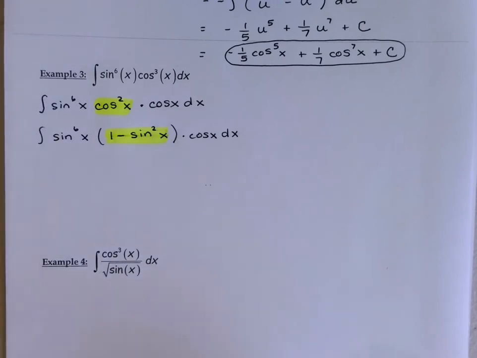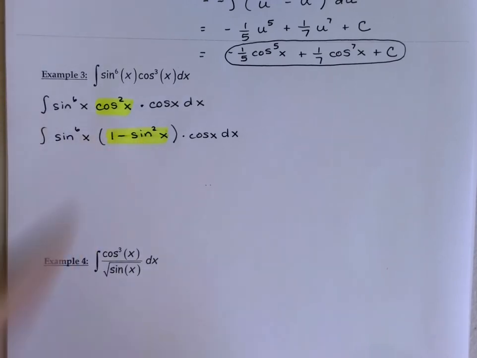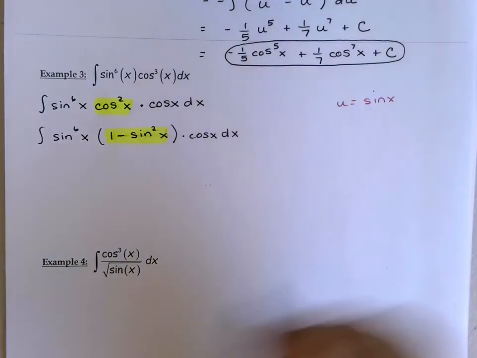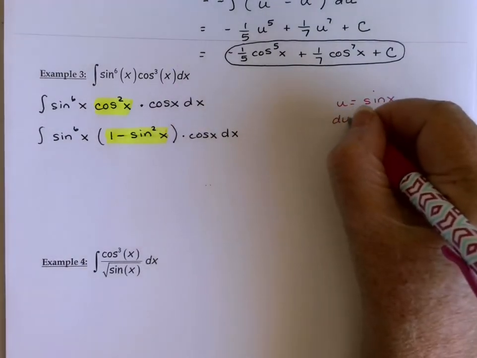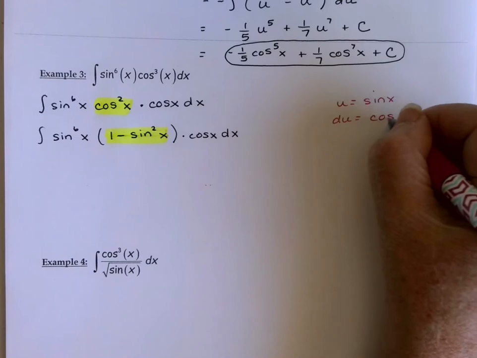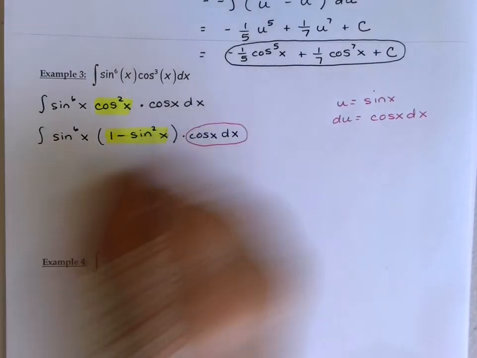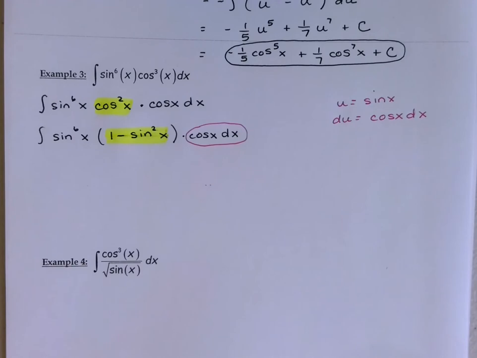All right, so this time, u is going to be the sine. And so du, derivative would be cosine x dx, which is exactly what we've saved right here, so no problem.